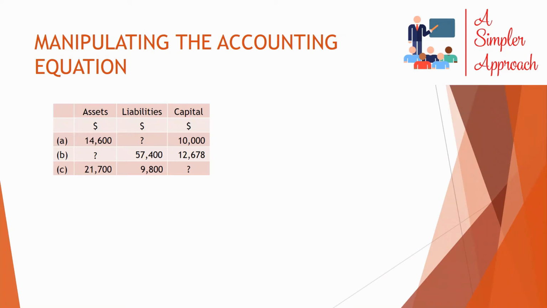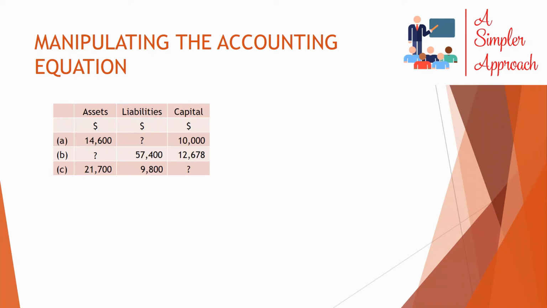It is sometimes necessary to manipulate the accounting equation. This becomes necessary sometimes so as to ascertain the value of one of the components in the equation. In the example before us, we have assets, liabilities, capital, and we have some figures there.